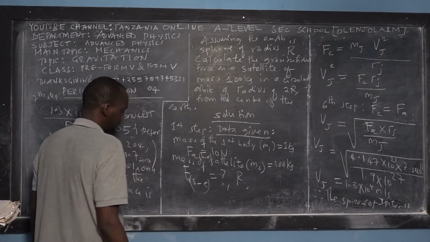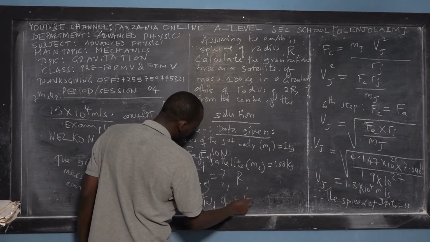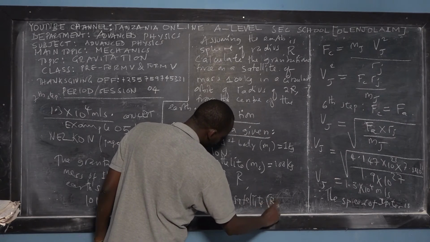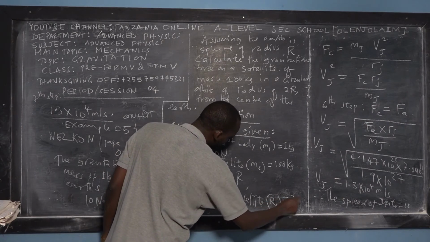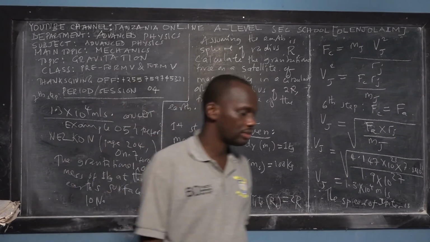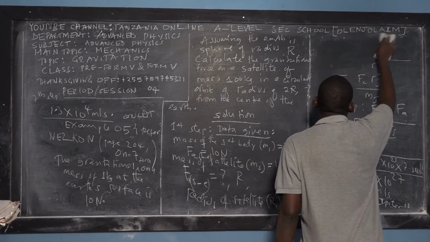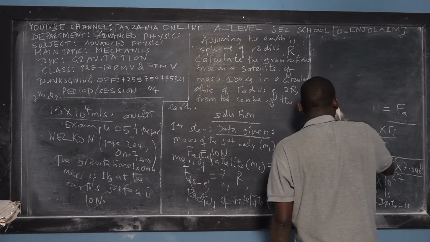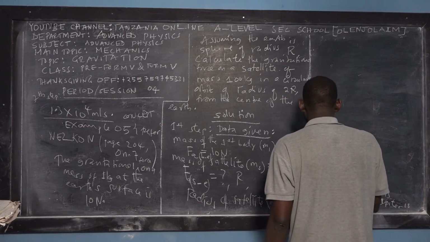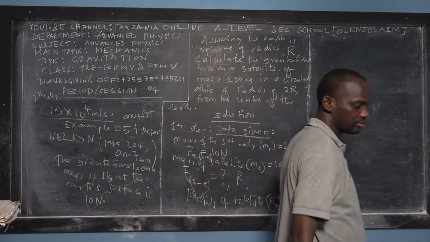So we say that the radius of the satellite's orbit is equal to twice the radius of the Earth. Right? If that's the case, let's go to the second stage. Here you have two different cases, and you have to know how you can link them in order to find the value that you've been asked to find.